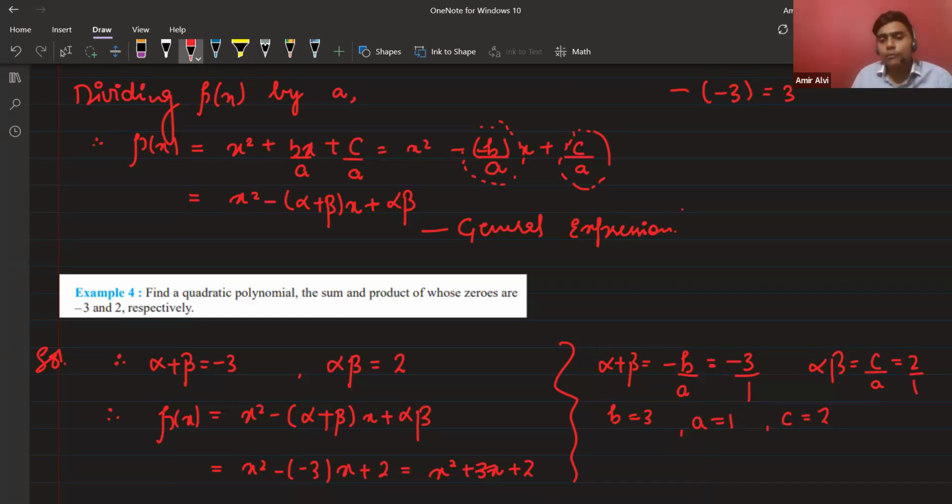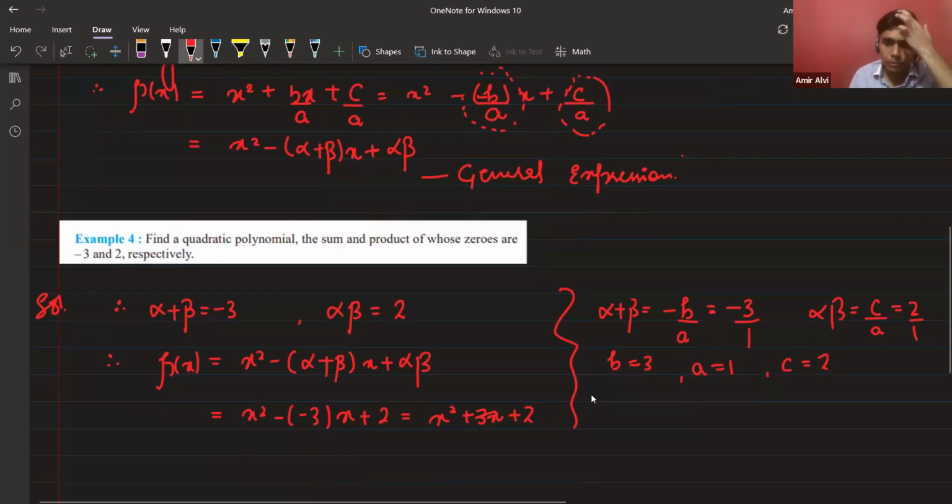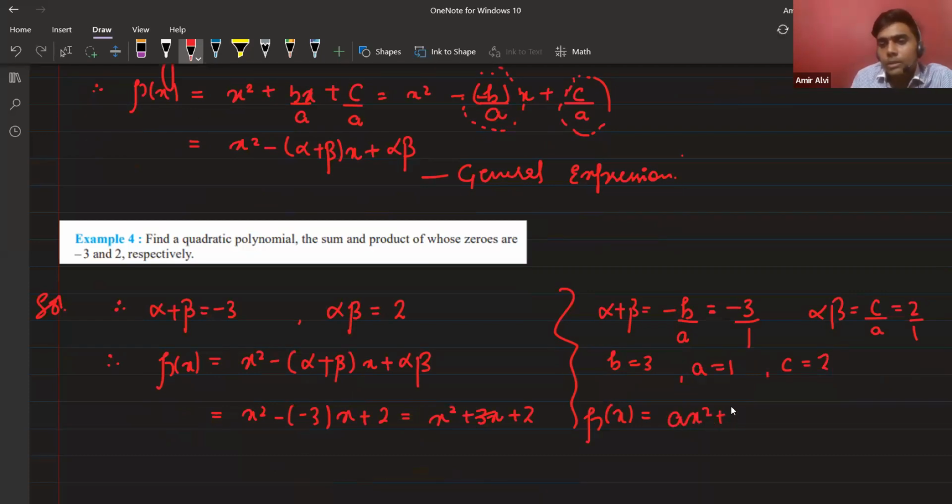So if you write the equation as px is equal to ax square plus bx plus c, a is 1, so x square will be as it is. The b value is 3, so plus 3x. The c value is 2. Adil, is there anything which is not clear in this approach?